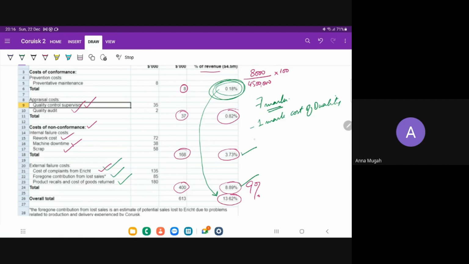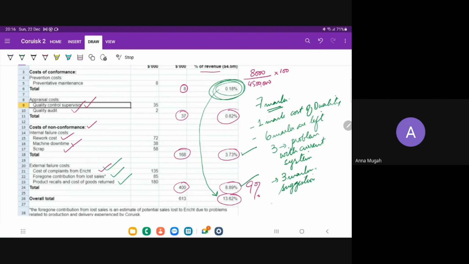Then 6 marks will be left. We can allocate 3 marks for what is the problem with the current system, and 3 marks for the suggestion.